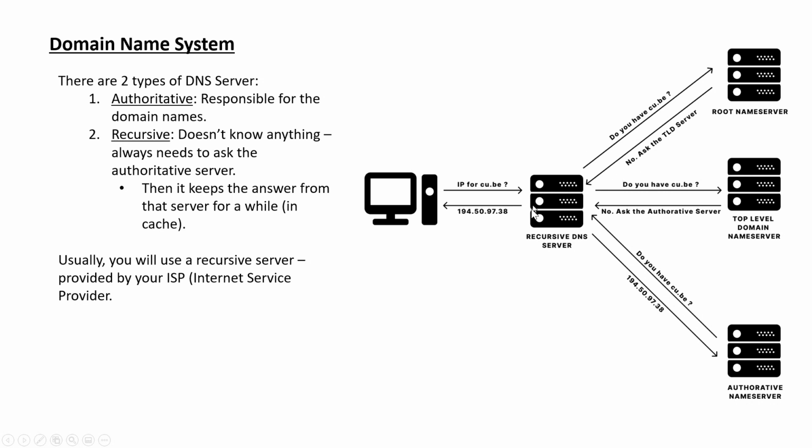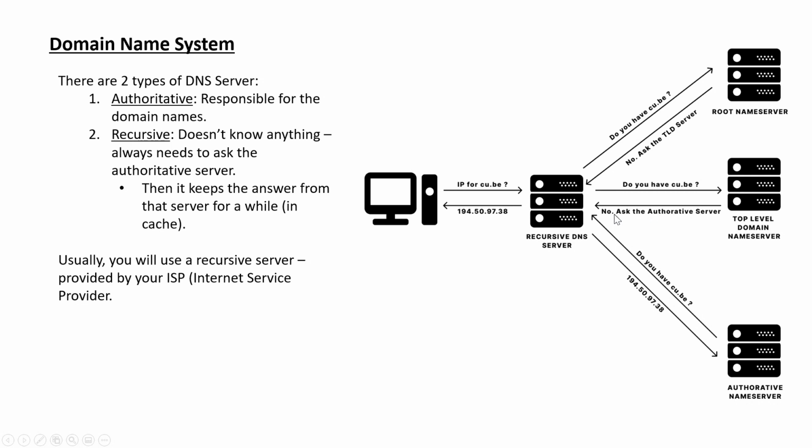The recursive DNS server will first go to the root name server as the first point of call and say, do you have qu.b? And the root name server will either say, yes, I do, here it is, and it goes straight back to the client, or it will say no, ask the top level domain server. Then the recursive DNS server will go to the top level domain name server and say, do you have qu.b? And it will reply, yes, I do, here it is, and that'll go straight back to the client, or it will say no, ask the authoritative server.